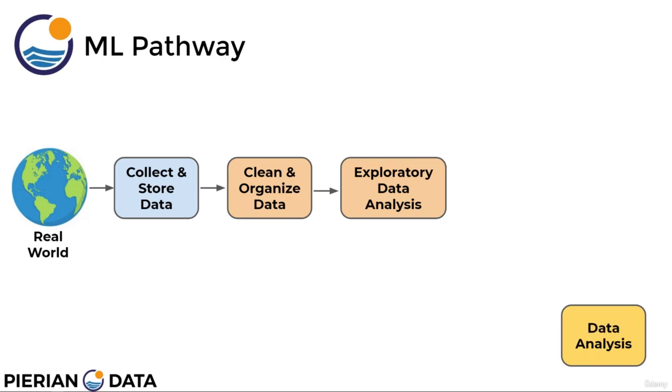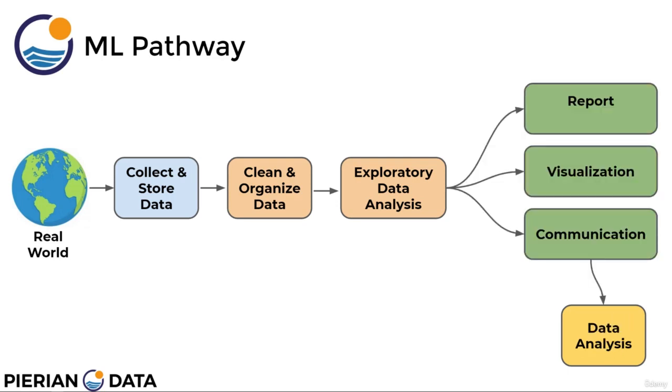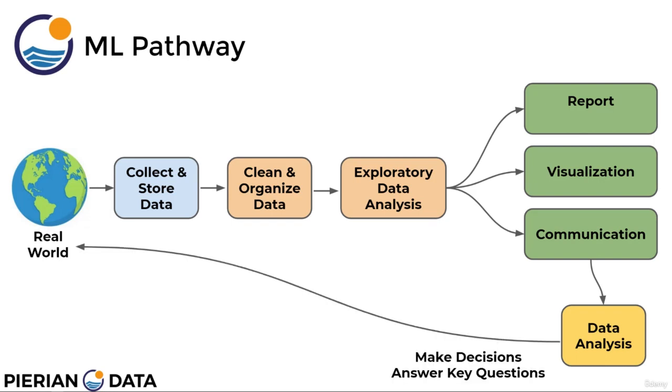So after you perform some data analysis, using your exploratory data analysis, which is creating that visualization or doing the statistical tests, you'll create a report, maybe a visualization, or maybe just directly communicate those results to people who are in charge of making decisions. And in that case, you performed your data analysis, and then hopefully you can make a decision or answer key questions that affect the real world.